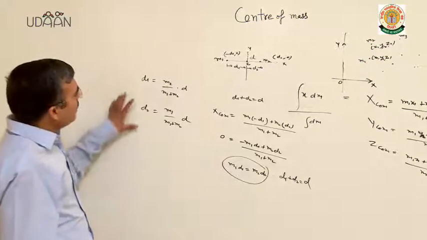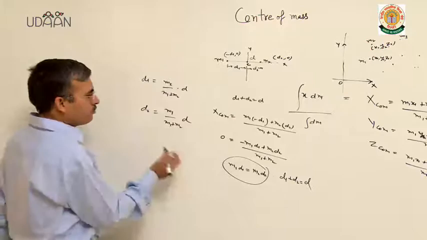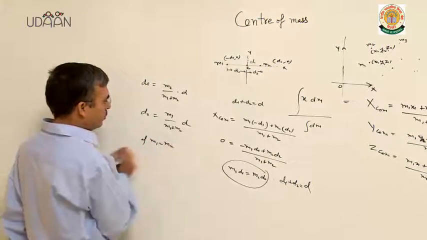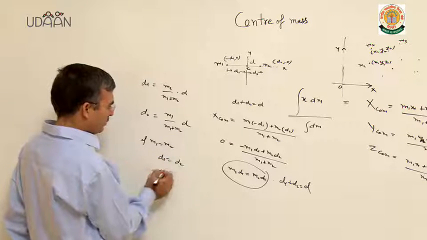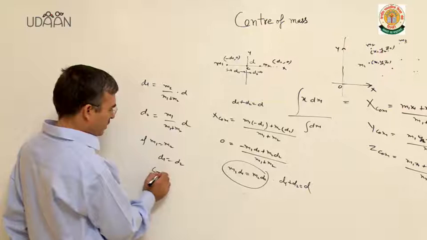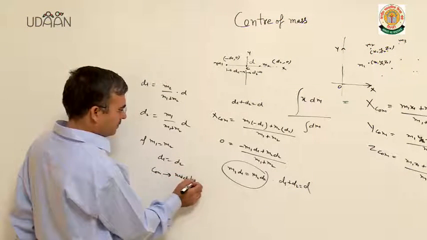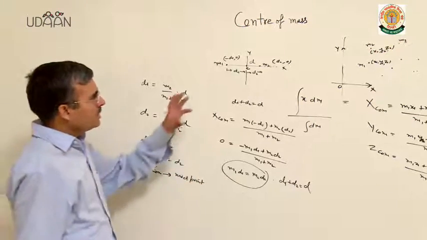Clear? Okay. Now one very important thing is here. If m1 equal to m2, then d1 equal to d2. It means COM is the midpoint. So COM is the midpoint here.